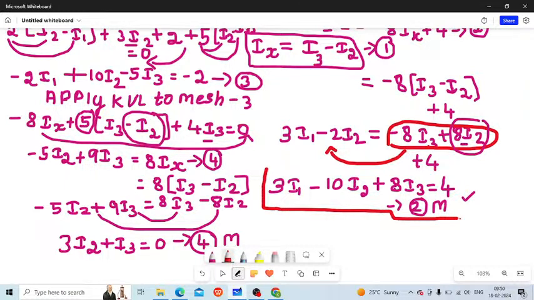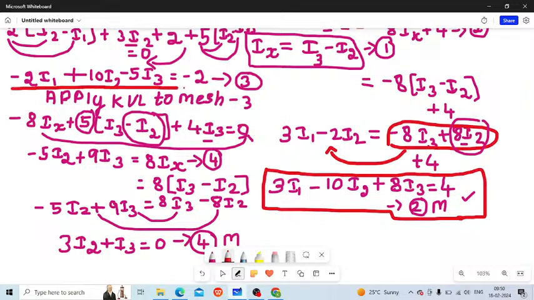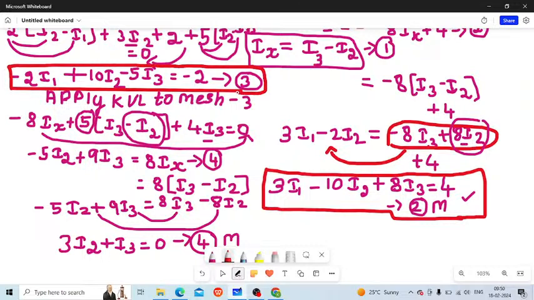This one, and this one, and this 4m modified equation.